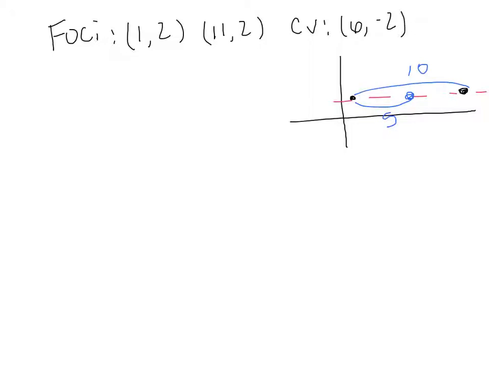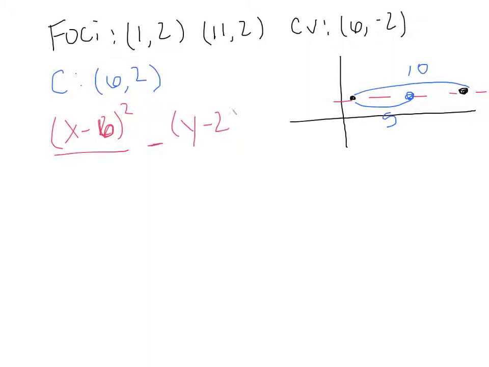So if we were at the point 1, 2, and we traveled to the right 5, we would then be at our center, which would be 6, 2. So now I have enough information to write my equation, or at least get it started. I know that I'm going to have x minus 6 squared over something, minus y minus 2 squared over something equals 1.